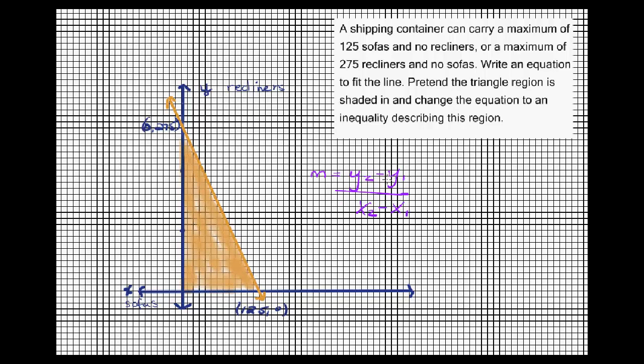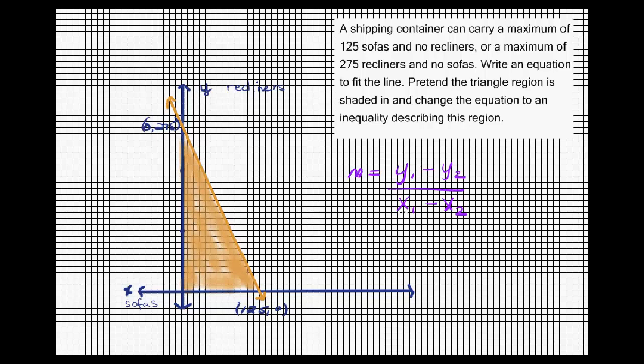Now, for these coordinates, it doesn't matter which order you put them in as long as you're consistent. So we could have said m equals y1 minus y2 over x1 minus x2. Either way is correct as long as you're consistent in placing your coordinates here.